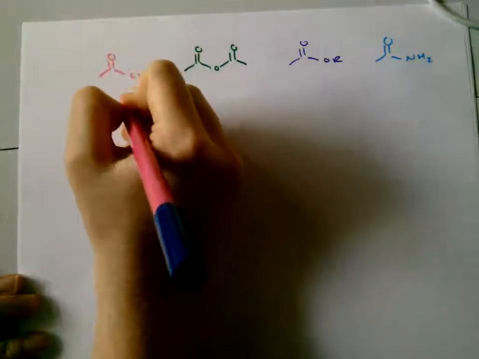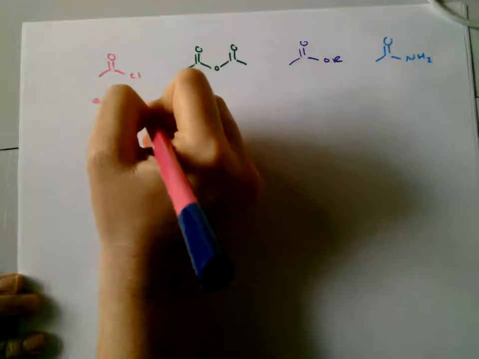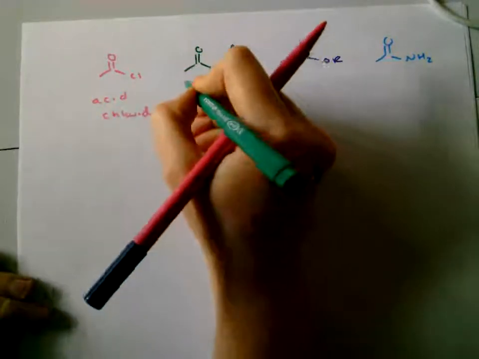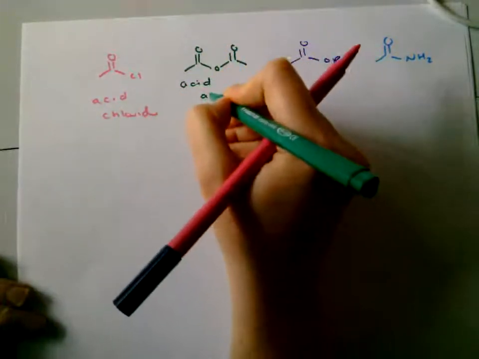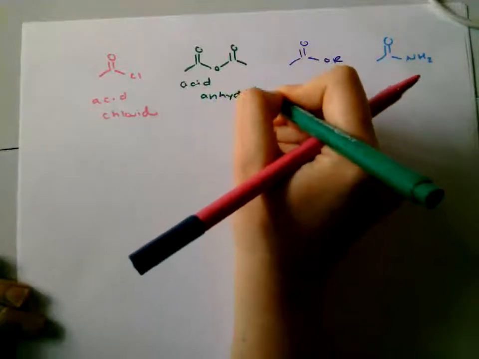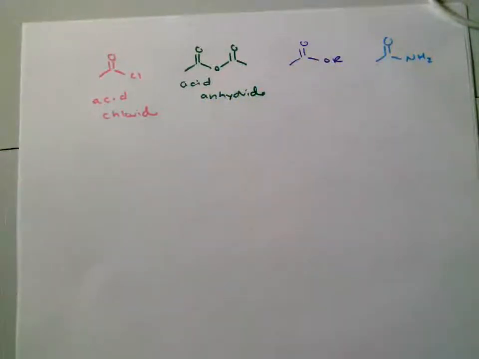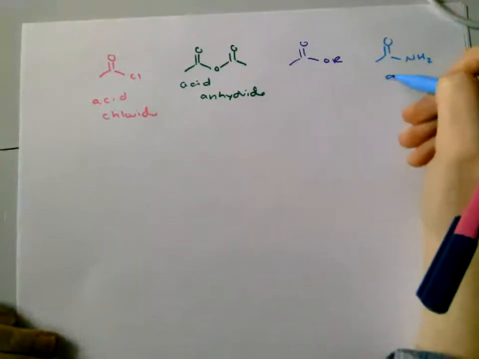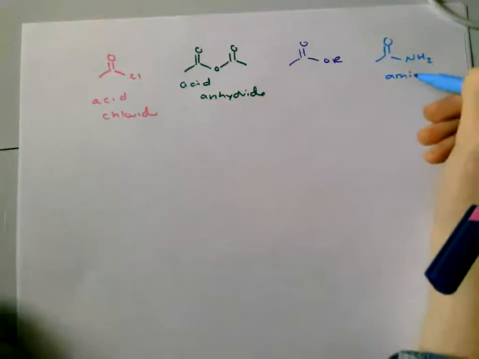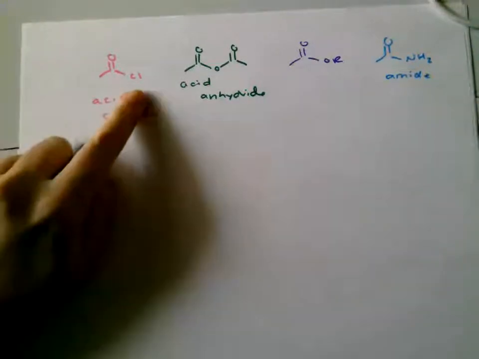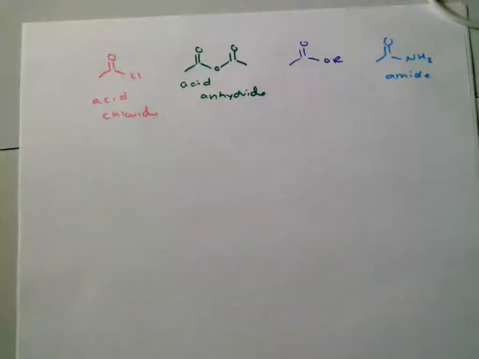This is acid chloride. We have acid anhydride, and these are called acid, even though they aren't acids, because they are derivatives of carboxylic acids. So if you take away the OH, you get the chlorine there.